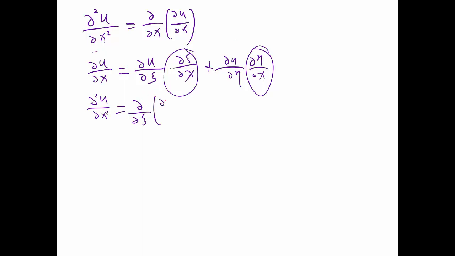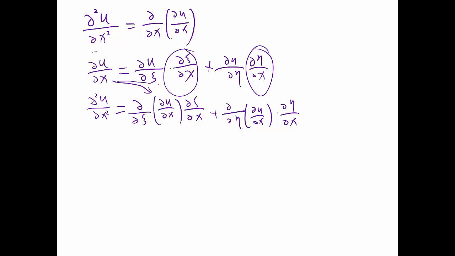Partial xi of partial u partial x times partial xi partial x plus partial eta of partial u partial x times partial eta partial x. Right, because instead of having u here, I'm having partial u partial x here. And then I substitute this into both this and this.